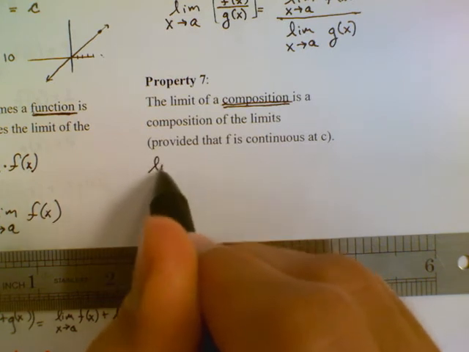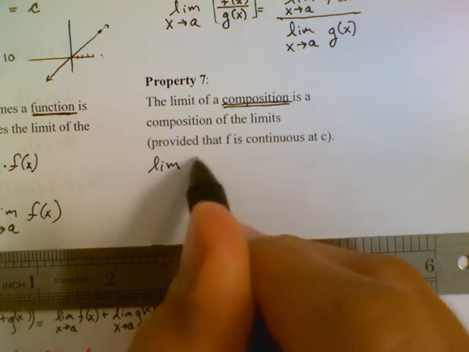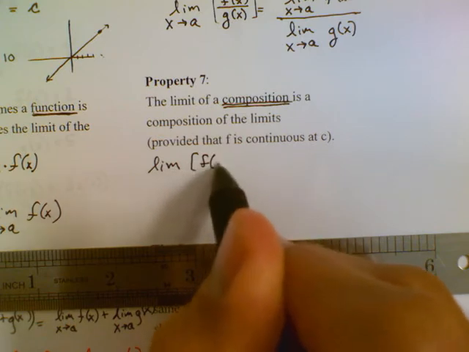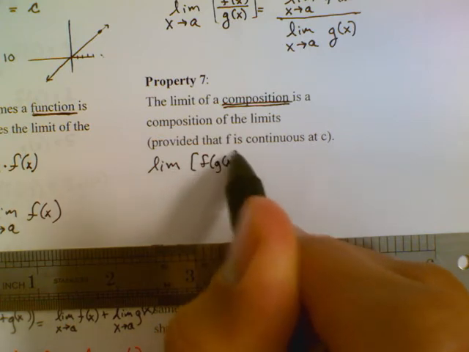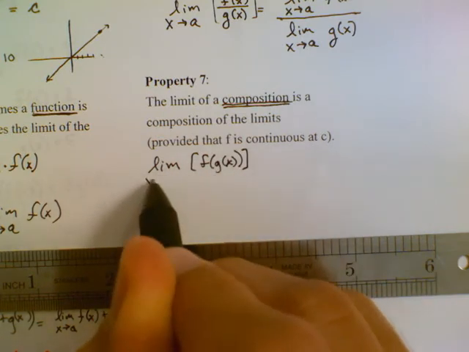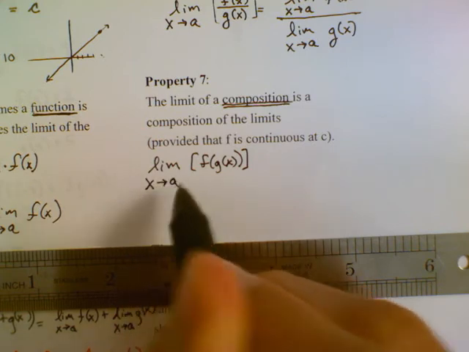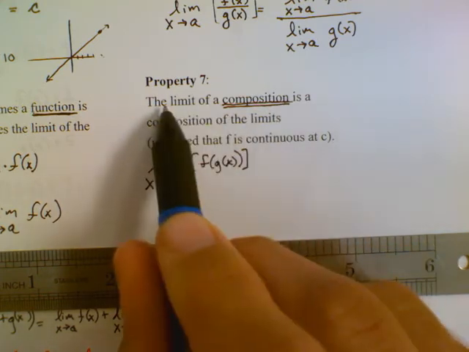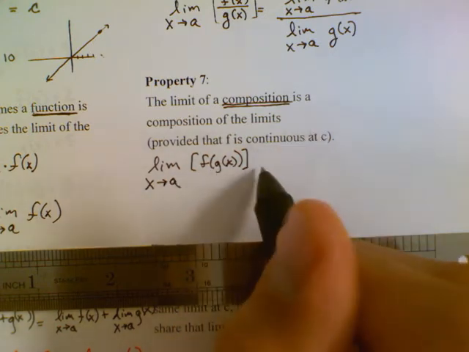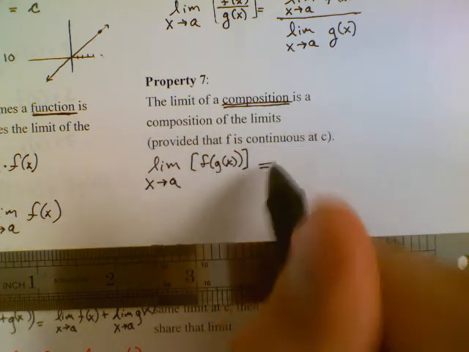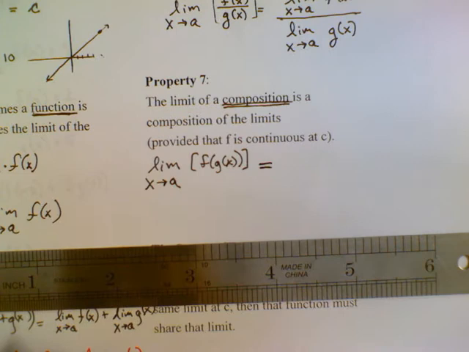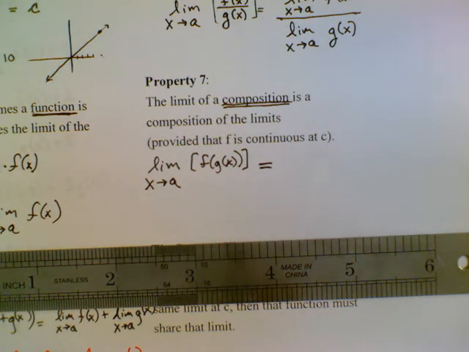The limit of f of g of x as x approaches a. The limit of a composition is the composition of the limits. So what does that mean? What that means is that we're going to take f, I dropped my pen, I'm sorry.